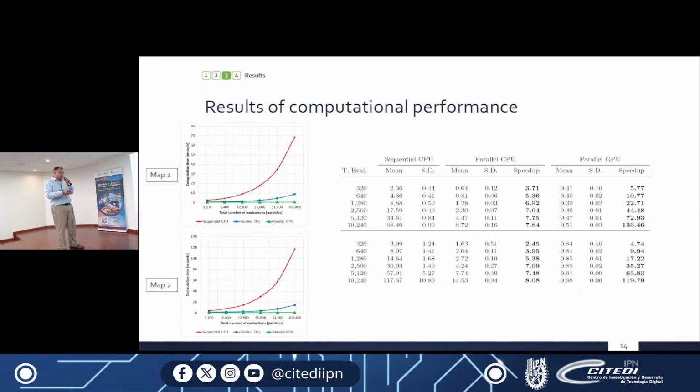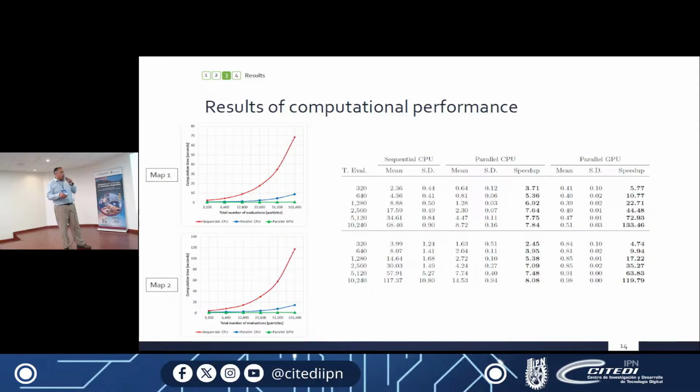But the best results and the main target for this implementation was to accelerate the computation. The best result obtained in a parallel implementation on CPU was 8 times faster than the sequential implementation in CPU.